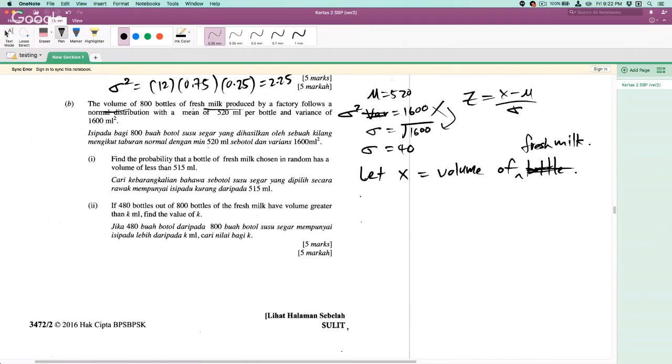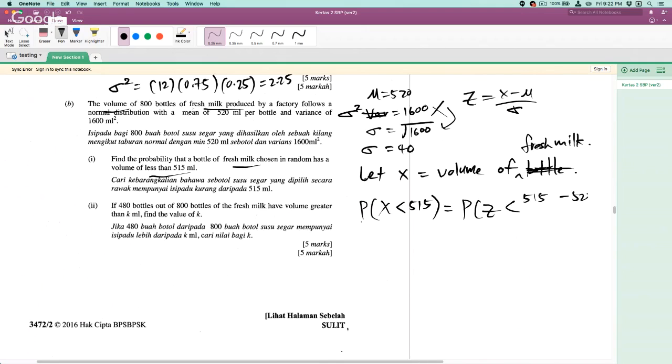All right, so over here they say the fresh milk has a volume less than 515. So that means they ask you to find the probability that the fresh milk will have a volume less than 515. All right, so in order to solve this kind of question, we have to change into the Z. So when I change to Z, the other side has to minus the mean, divided by standard deviation.